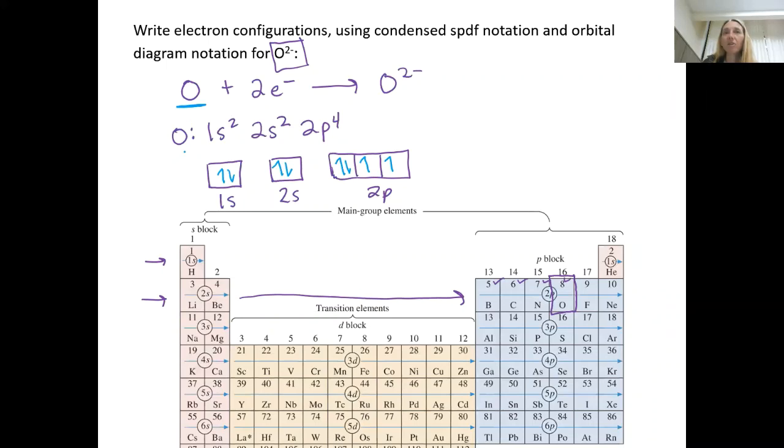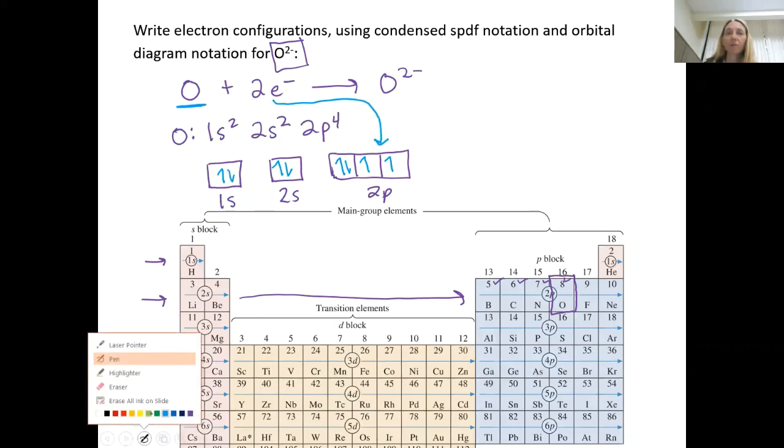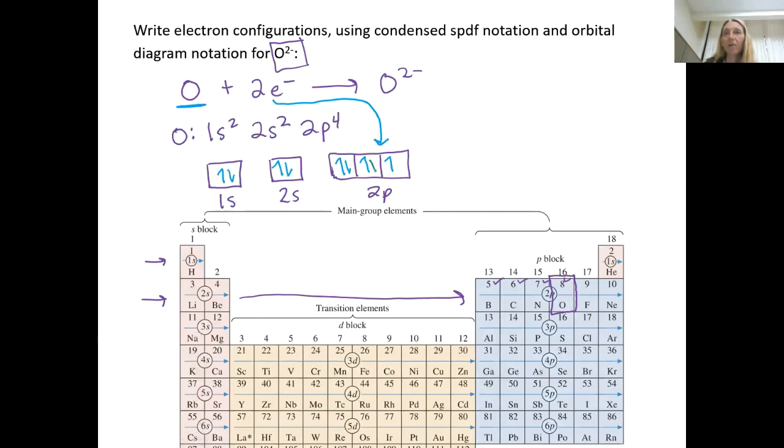So this is oxygen. Now for me to get oxygen 2-, I have to add 2 electrons. And notice there's 2 spaces here in this orbital. So I'm going to add those 2 electrons in this orbital. So I add 1, 2. Okay, and so when I add those electrons, it becomes oxygen 2-.